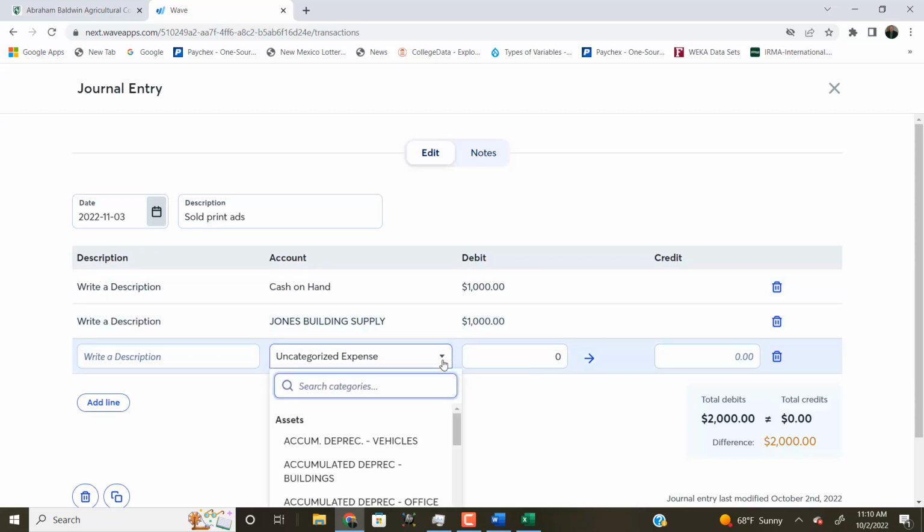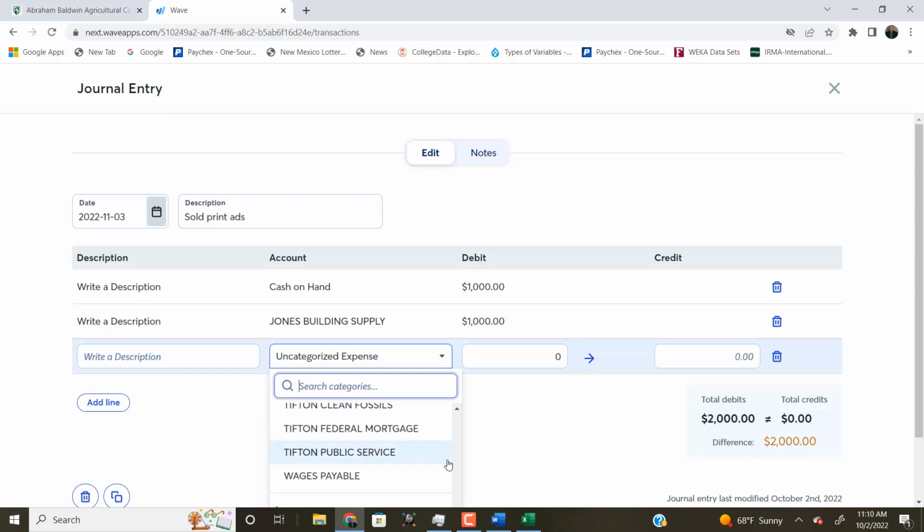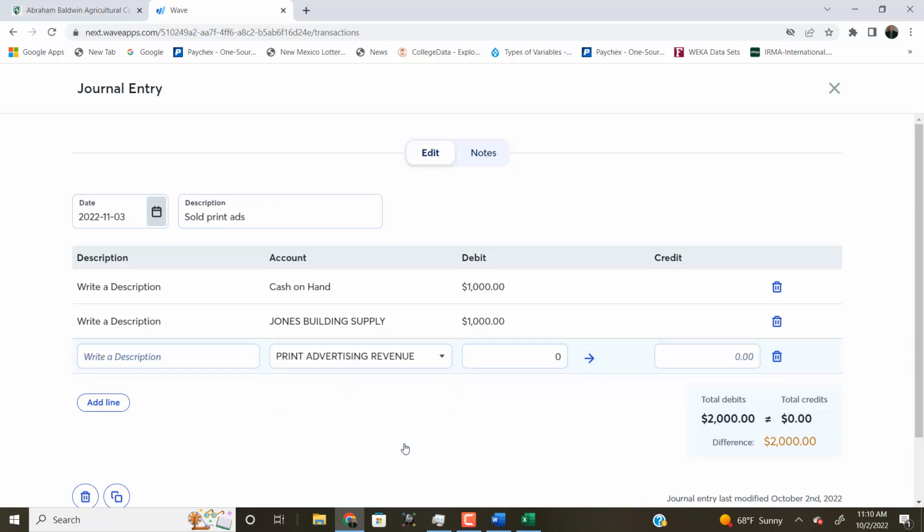Now here, what we're looking for is the income stream itself. Income goes up on the right and down on the left. So in this case, we're looking for print advertising revenue under the income side and 2,000.